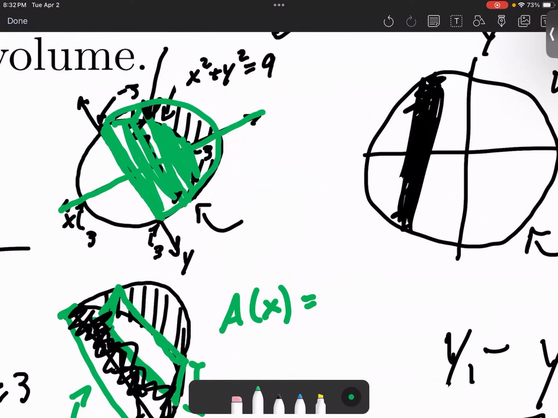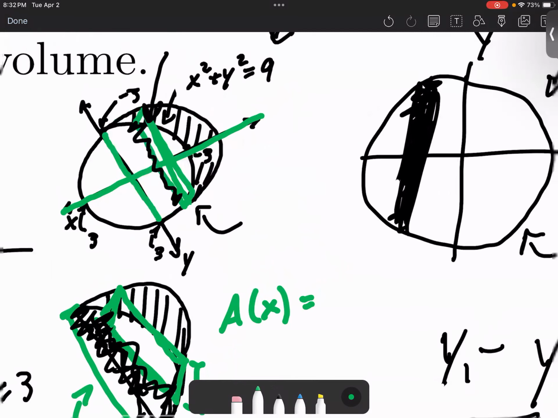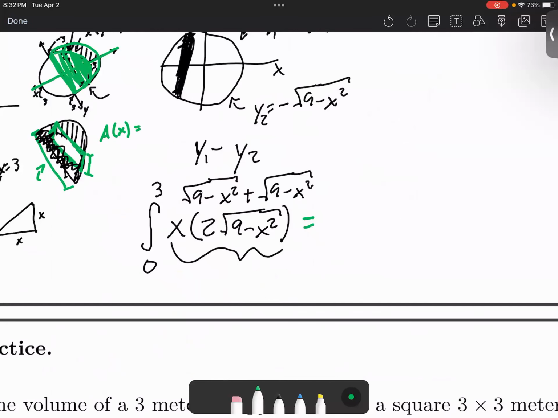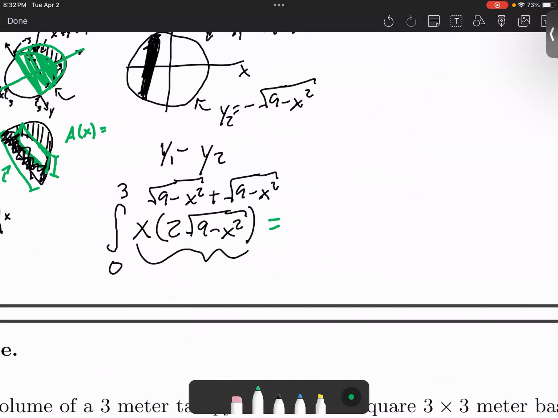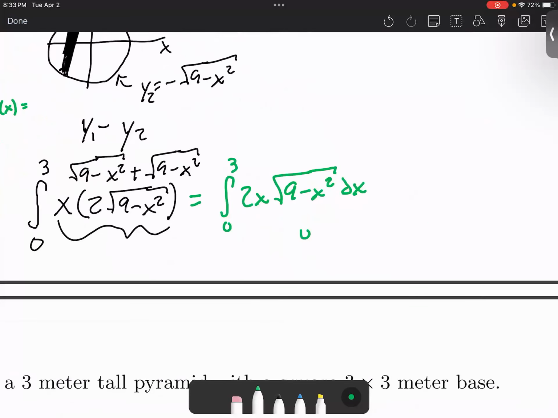And that will build us the entire volume. So let's run through this. We have the integral from 0 to 3 of 2x times the square root of 9 minus x squared, and this screams u substitution.